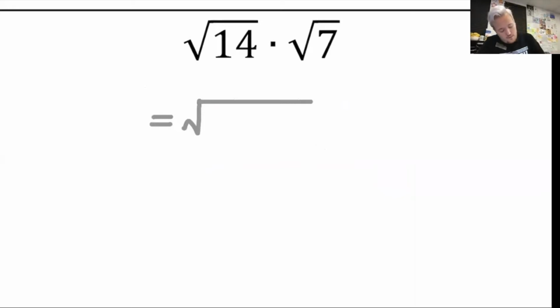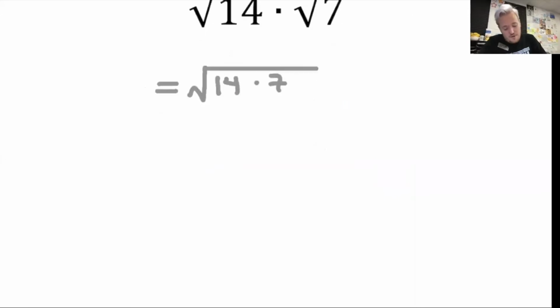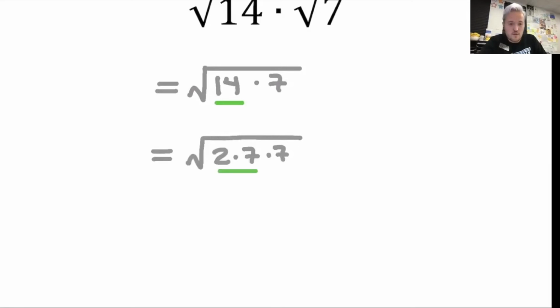So I'm going to do 14 times 7 inside the radical. But then I'm going to break down that 14 into 2 times 7. So right here, this 14 breaks down into 2 and 7.